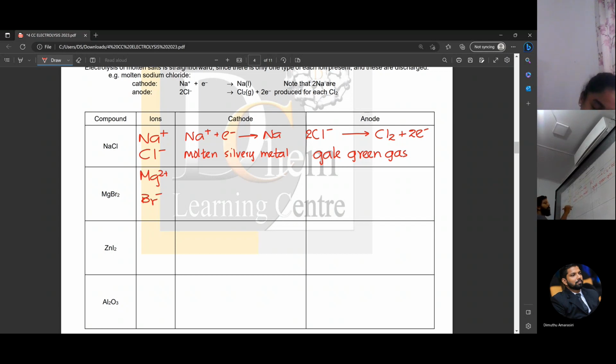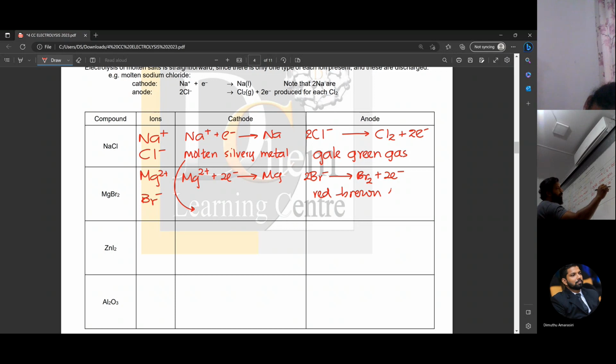Right? So magnesium 2 plus will take 2 electrons and become magnesium, the molten silvery metal. And bromide, you saw, right? Red brown liquid and red brown vapor.